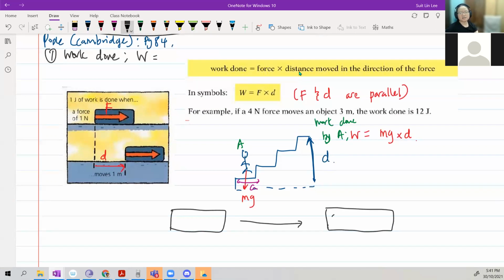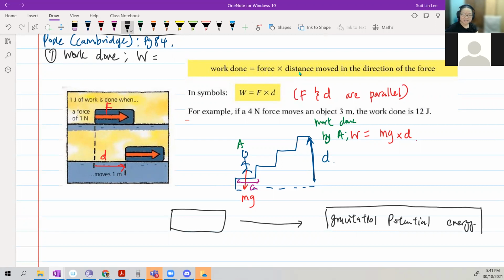So definitely you gain gravitational potential energy because you are higher than your starting position. So there's always an event or a change, like for example now the change is I climb up the staircase.